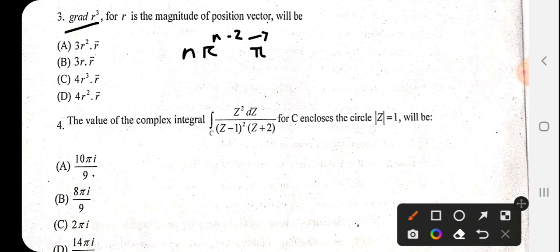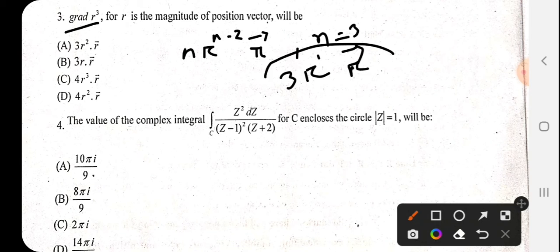Here the value of n is 3, that means the answer will be 3 r to the power 3 minus 2, that means 1, and r vector. So according to this, the answer will be option number B, that is 3r r vector.